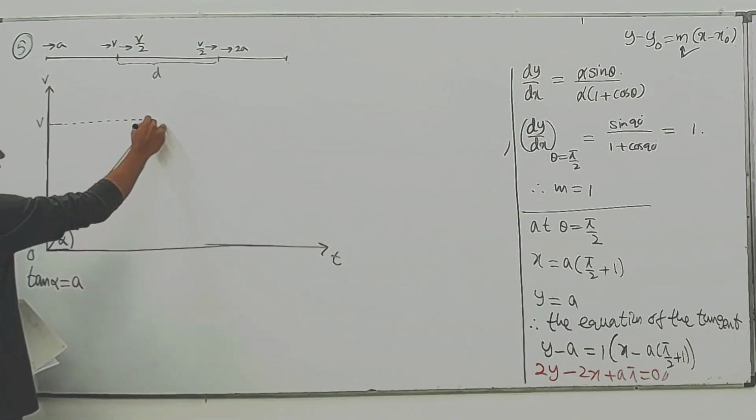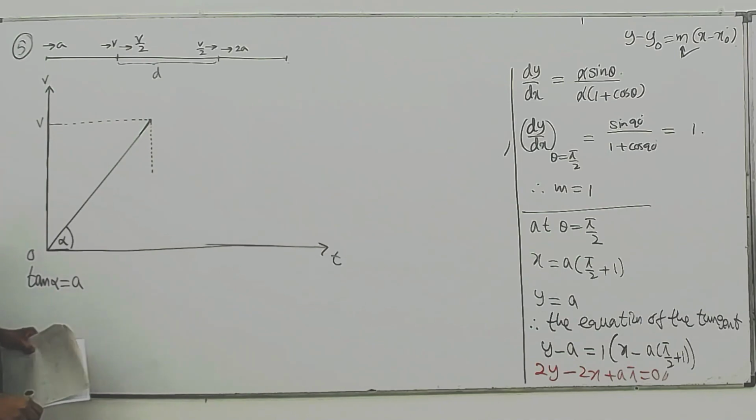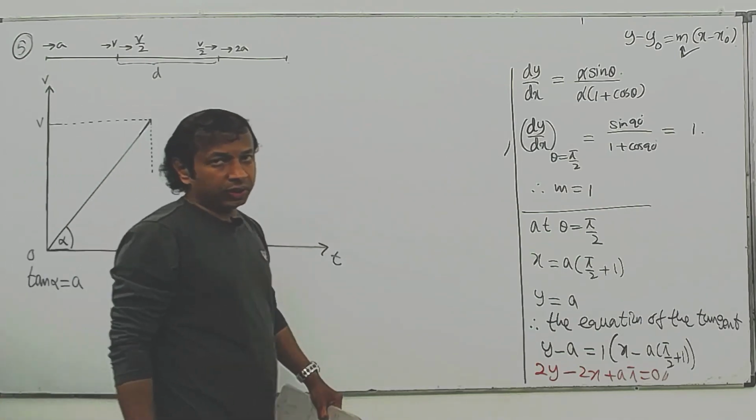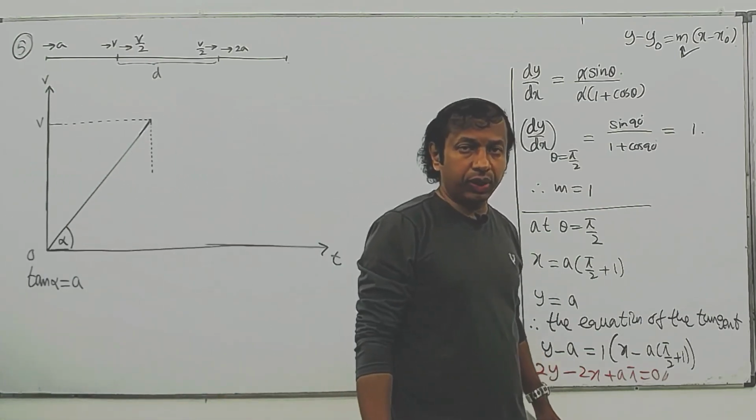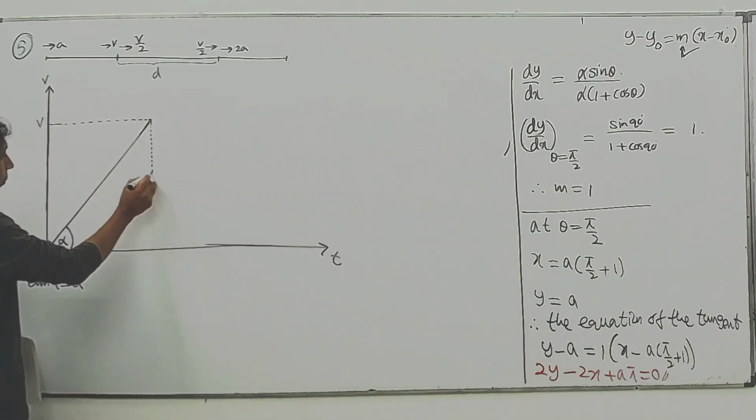Then here, it strikes the obstacle, then the velocity decreases suddenly to v by 2. Suddenly means without taking time, no? So therefore, it decreases to v by 2.